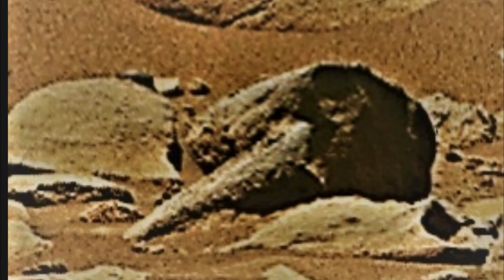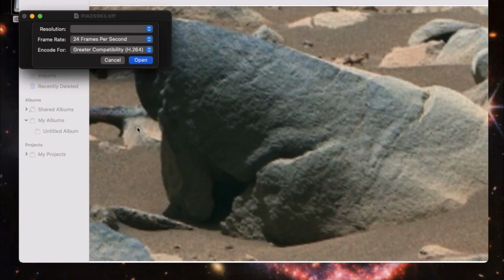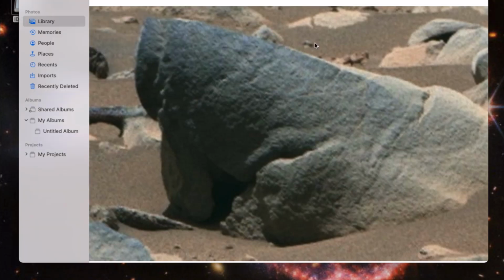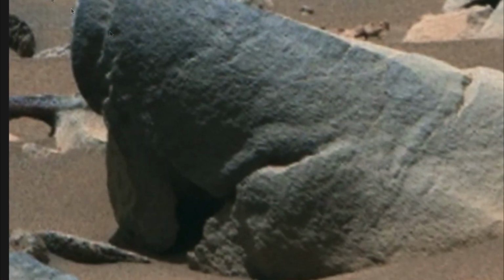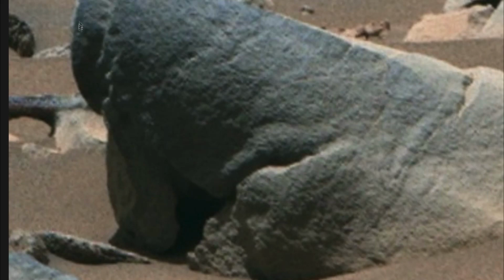It does have quite a symmetrical design as well. A particular area here. And zooming in, you can see the outline. That does look very round and united.